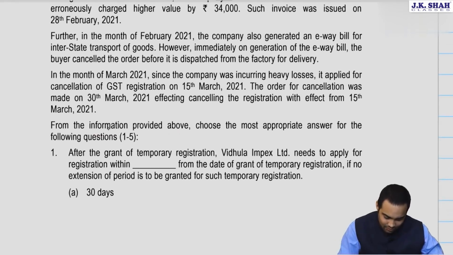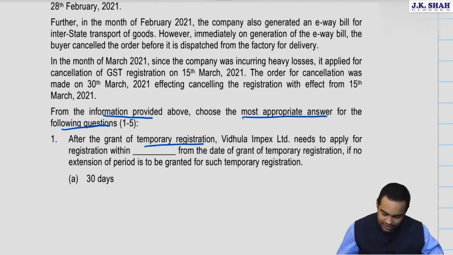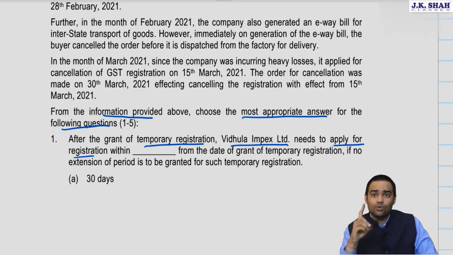It says from the following information, choose the most appropriate answer for the following questions. After granting temporary registration, Vidula Impex needs to apply for registration within dash. See, temporary registration would mean a case of suo motu registration granted by proper officer.